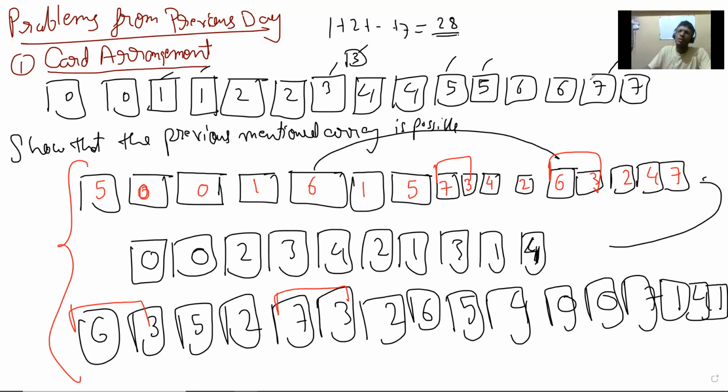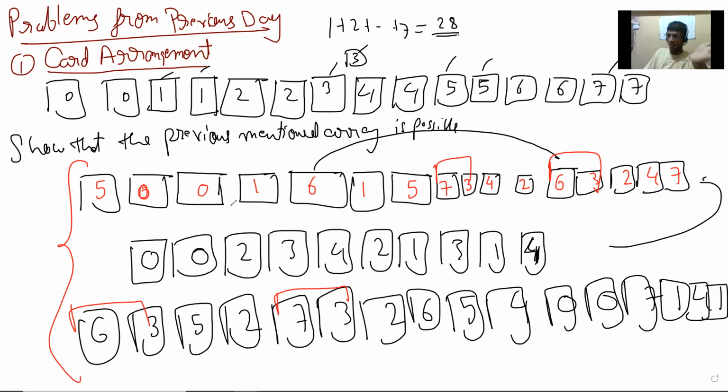But there could be a pattern of a very different kind, some sort of a reflection. You know what I'm saying, right? There are 16 cards.